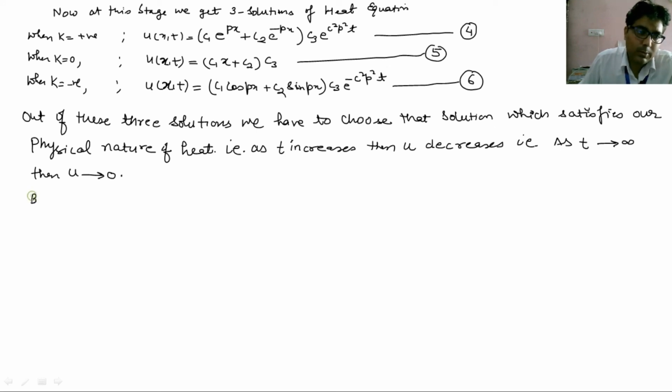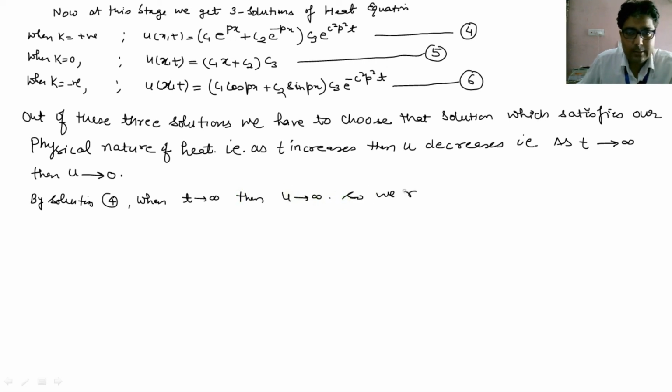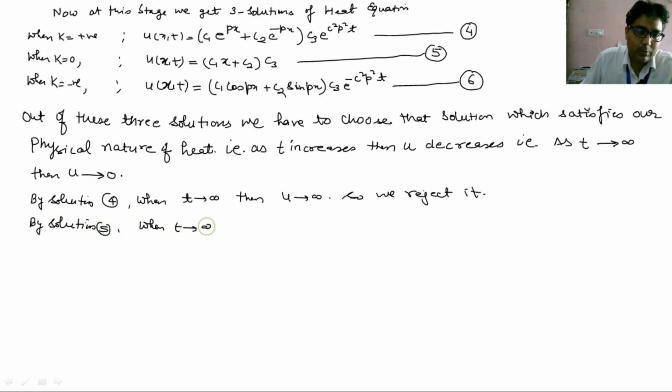Now check the solutions one by one. By solution 4, when t tends to infinity, then u tends to infinity. So we reject it. Clear? Again, by solution 5, when t tends to infinity, then u will never be 0.